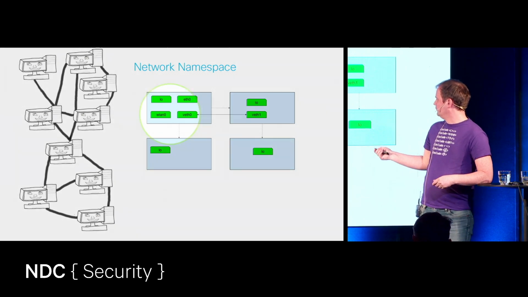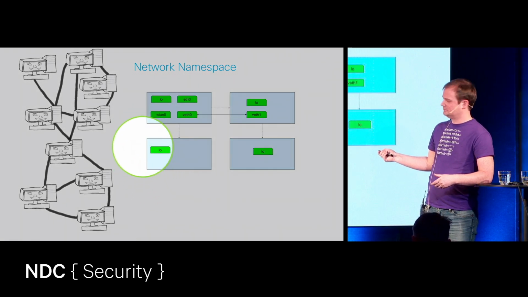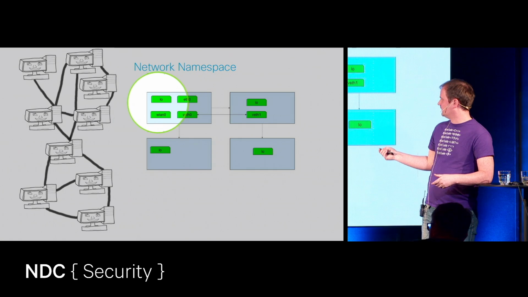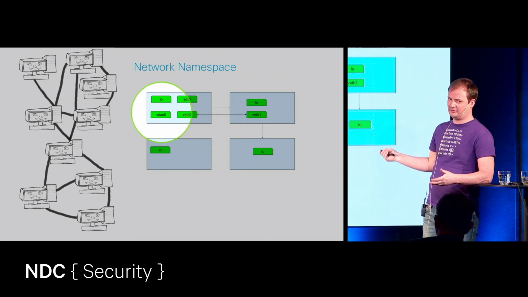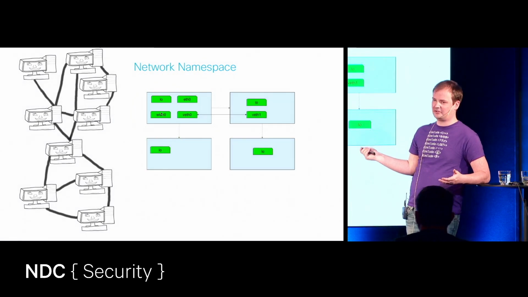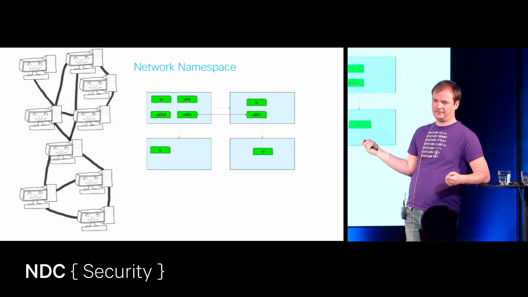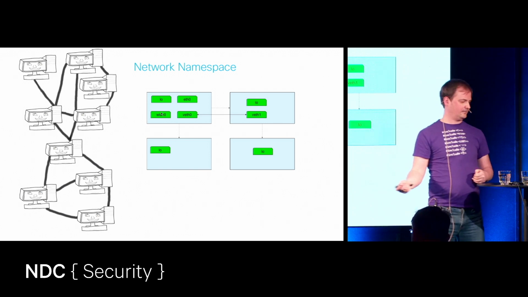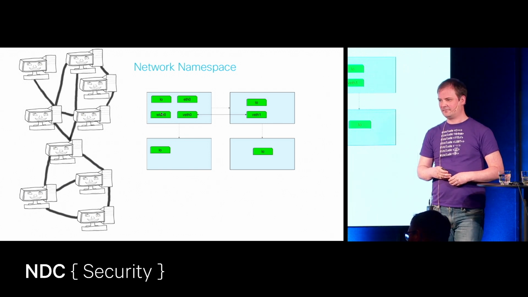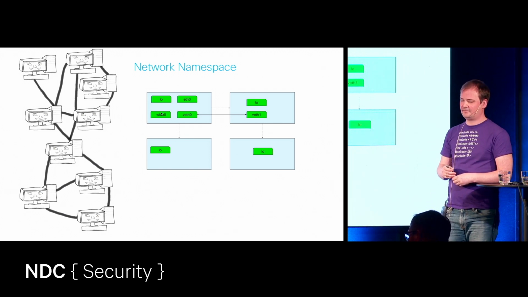And also, all of these loopback devices are separate. So if you have some services running on your localhost in one network namespace, they will not be accessible from another one. I think that situation rarely arises in practice because the physical devices are always kept in the initial namespace.